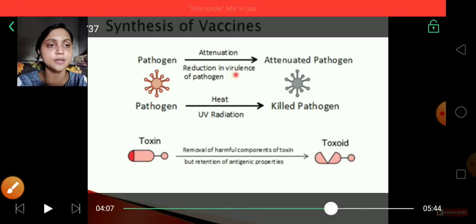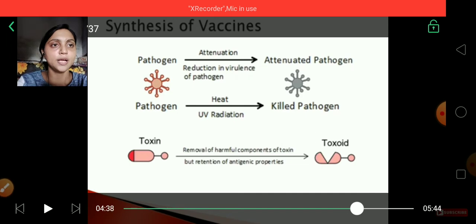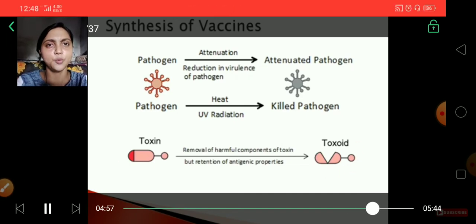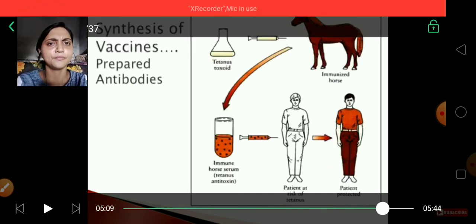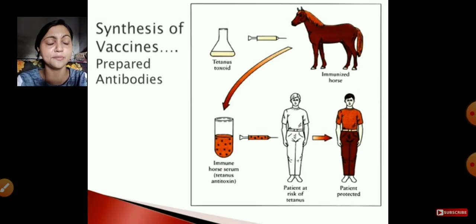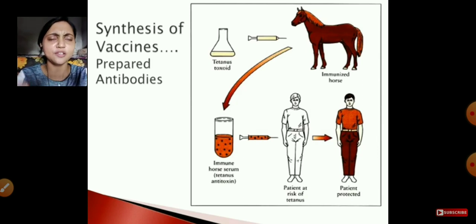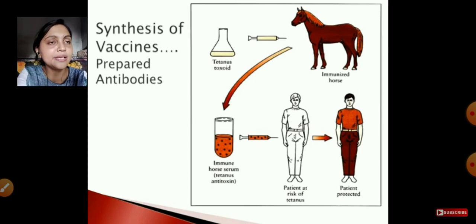Now students, as I have told you, in case of passive immunity, sometimes the host, that is human beings and some other animals, show some kind of allergic reaction, but in case of active immunity there is no side effect.